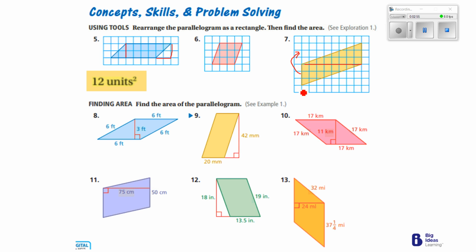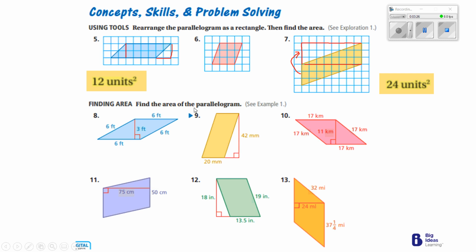And then it would fill in 1, 2, 3 spaces, right? 1, 2, 3, and then it would go over all the way from here to here. So that would bring it here. Once again, we have a rectangle. This time the rectangle is 1, 2, 3, 4, 5, 6, 7, 8 times 3, and that's going to give us 24 units square.